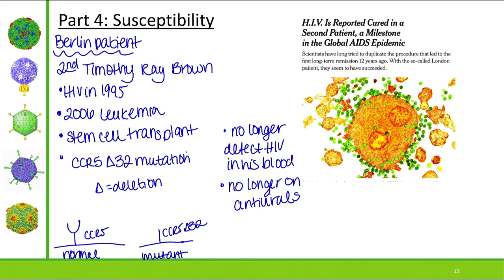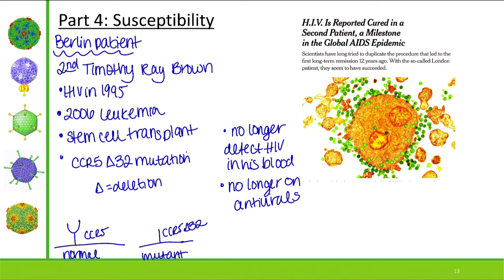So of course, cured is kind of a loosey-goosey way of playing around with it, because you and I know that HIV integrates into the genome, and so he still has HIV genome integrated into his genome. And so you could argue that that means he is not cured. However, he is no longer producing progeny virions, and they can't detect the HIV in his blood.